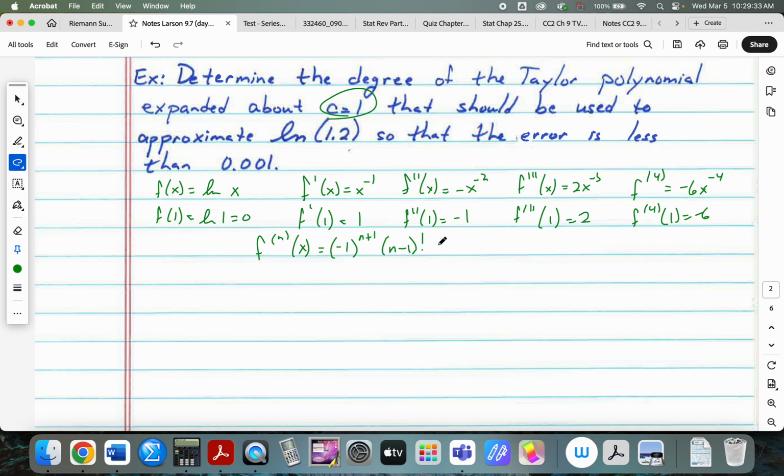Okay, so our error is equal to the absolute value of r sub n of x.